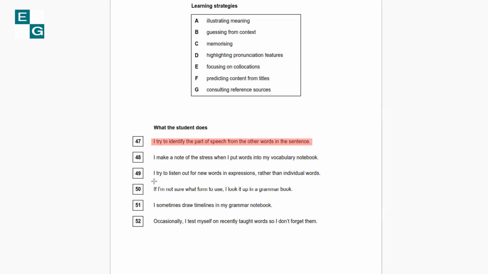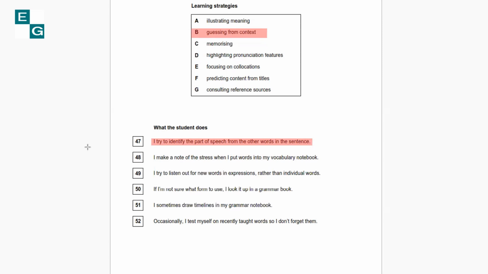The student is telling you that, just saying it out loud. The student is trying to guess the meaning from the context. How? The student is trying to find out whether this word is a verb or an adjective. And is trying to find out from a whole sentence. So probably you need to read the whole sentence to make sense and understand.